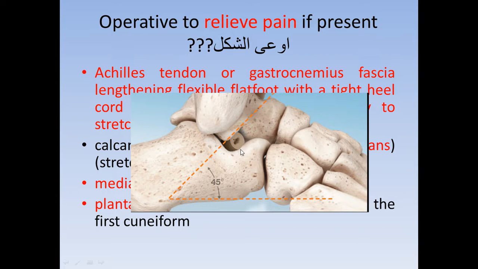From the lateral side of the subtalar joint, you put a screw to block the valgus position of the calcaneus. There are two big schools, one with and one against.